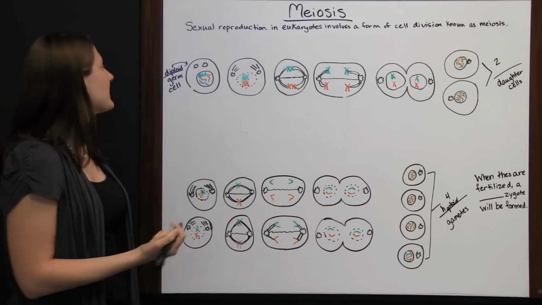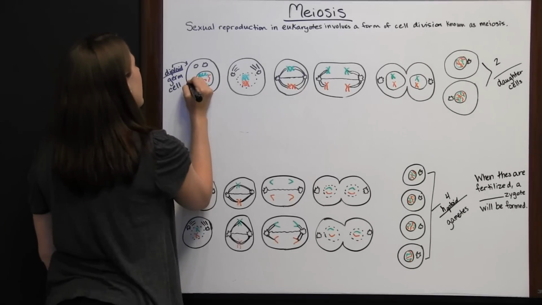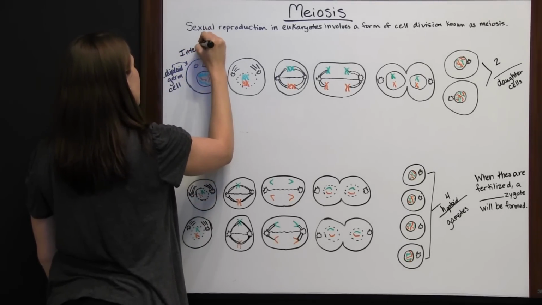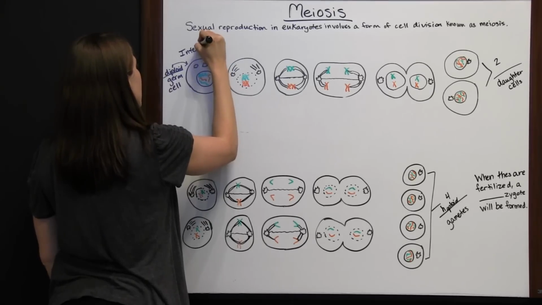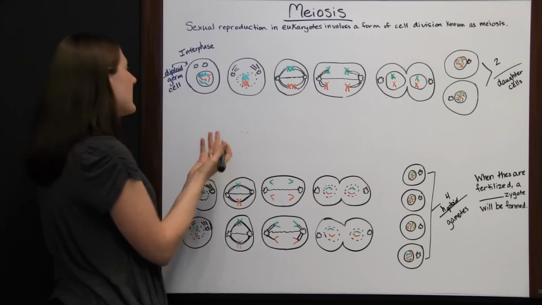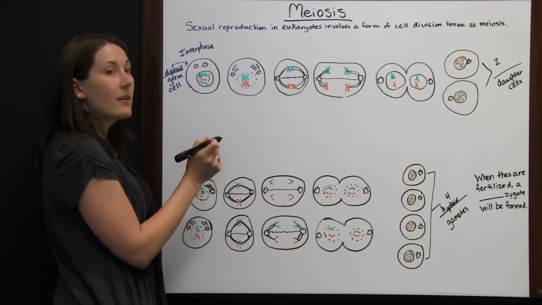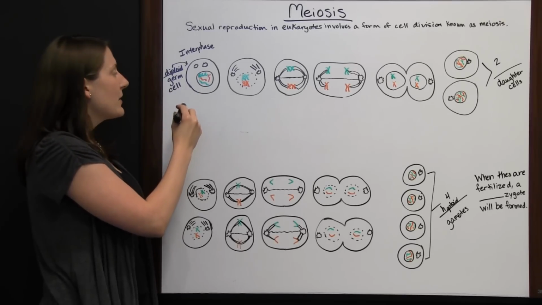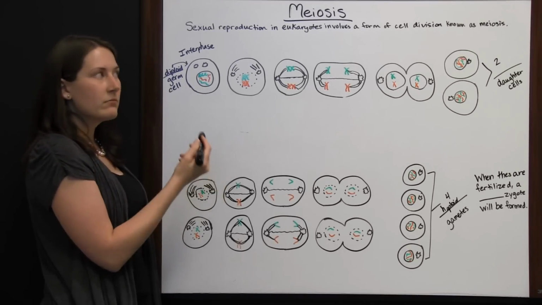to have 1 copy. So, in this first part, this would be interphase, and it's kind of before meiosis starts, but it has to do with it because this diploid germ cell contains genetic information from both a maternal and paternal parents.